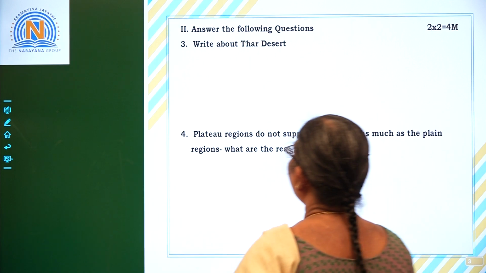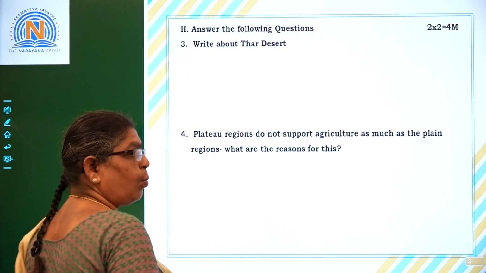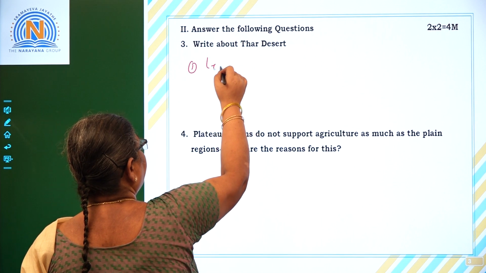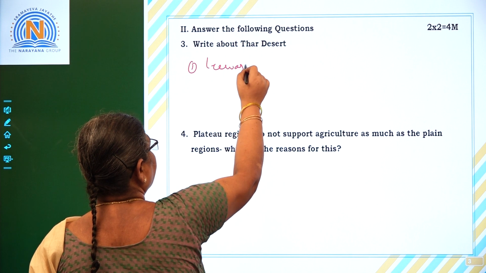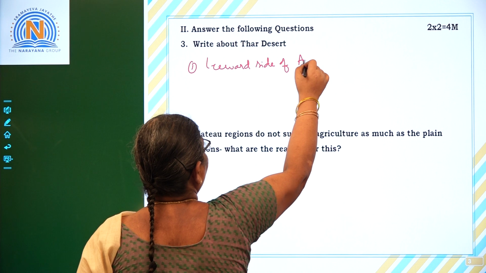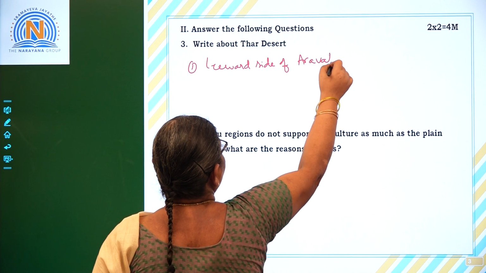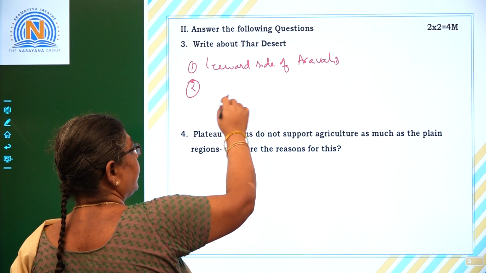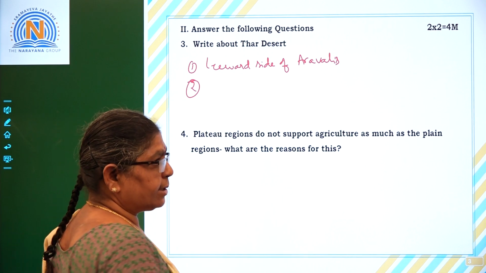Okay. Now write about Thar Desert. What is this Thar Desert? It is located on the leeward side of the Aravallis. It has a scanty rainfall of 15 to 100 millimeters.